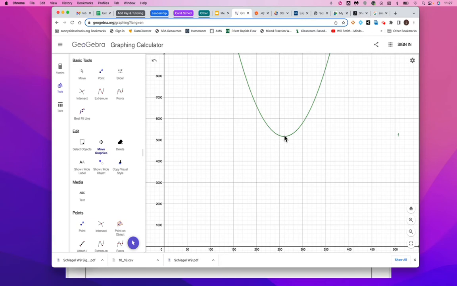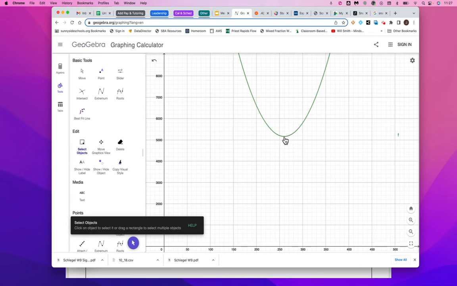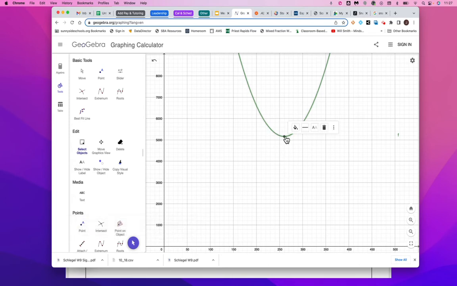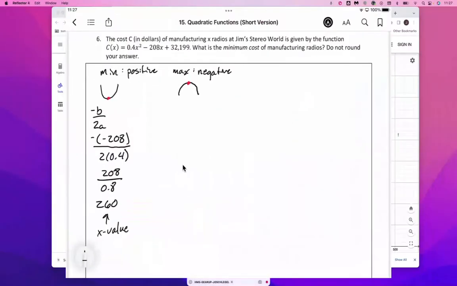If I click here on GeoGebra, it will probably tell me. Not something that would be super helpful for what we're trying to do, but recognize we should get an answer that's just over $5,000. And so to get the minimum value, we take our x value and just put it back into our original equation.